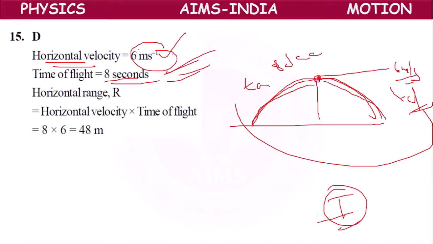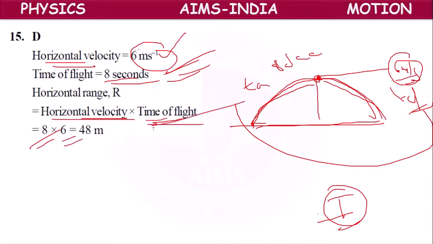If at the highest point horizontal velocity is 6, from beginning to end its velocity will be 6 only. So the horizontal distance traveled by the body is horizontal velocity into total time. Horizontal velocity is 6, time is 8. 8 into 6, 48 meter. That is the horizontal range.